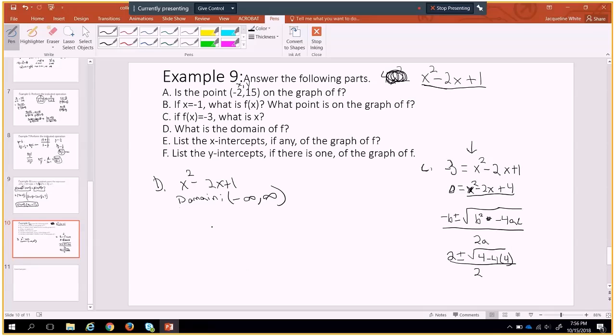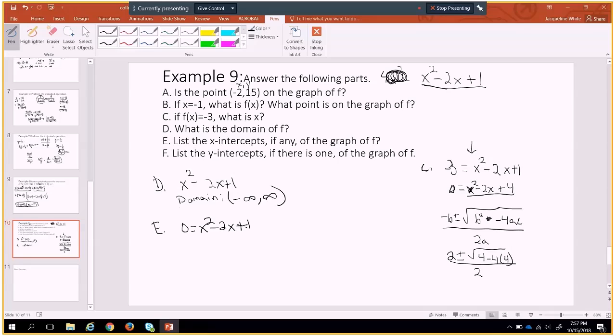So part E asks: list the x-intercepts, if any, of the graph of f. So what are the x-intercepts of f, or of any equation for that matter? The way to find your x-intercepts is to set your y, or your f of x, equal to 0. So we have that 0 is equal to x squared minus 2x plus 1.